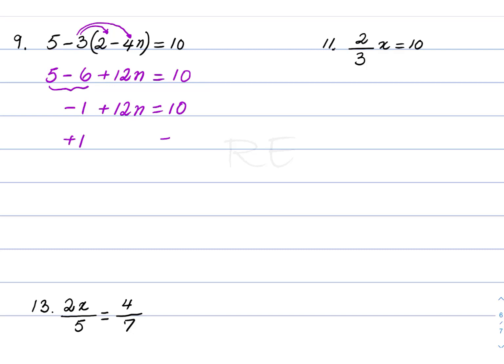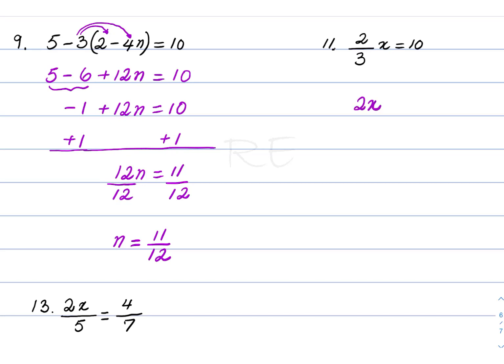We add 1 to both sides. 12n is equal to 11. We divide by 12. n is equal to 11 over 12.